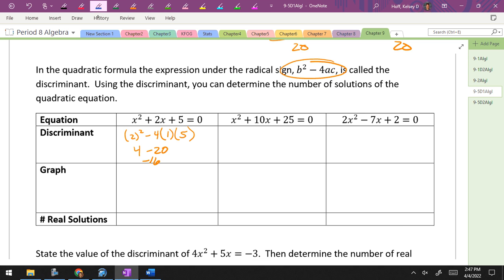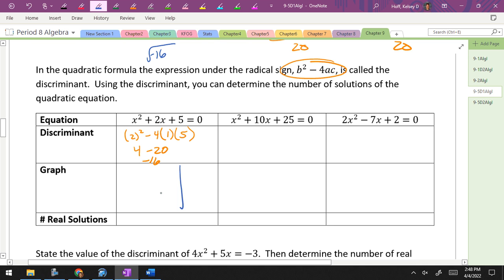Now really, that's under the square root. What is the square root of a negative 16? It says error on your calculator? Why? Because it's negative. Yeah, you can't have a negative underneath a square root. No number times itself gives me a negative number.